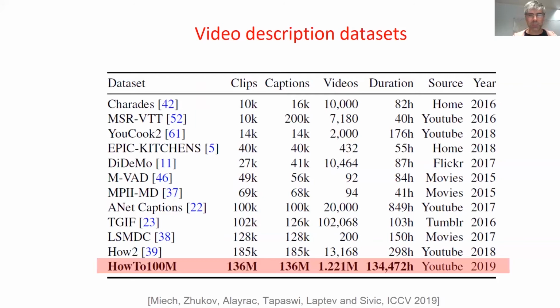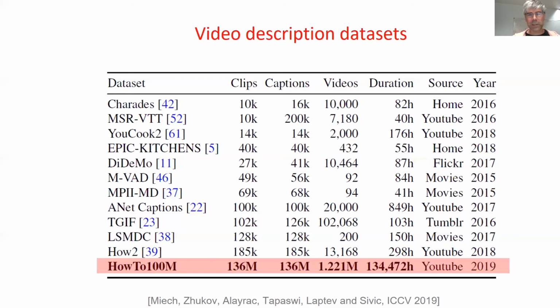Once we got the videos and narrations, we divided the narrations into sentences, or parts of text, and each isolated piece of text also defines a short video segment. In this dataset we have 136 million short video segments.